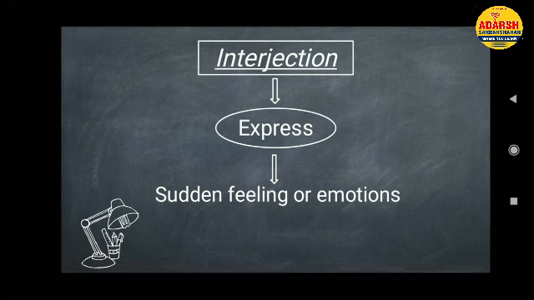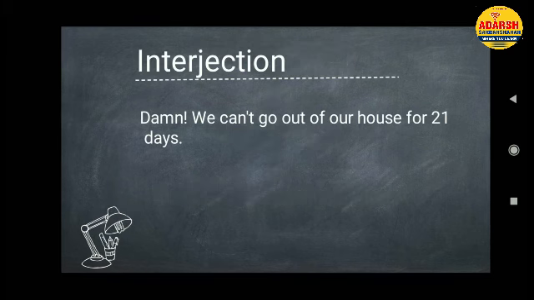Interjection. Interjection is a word used to express certain feelings or emotions. Let us have some examples. Okay, so when our PM announced lockdown for the first time, what was our initial reaction? It was, damn, we can't go out of our house for 21 days.